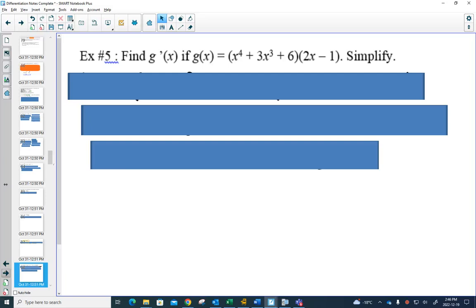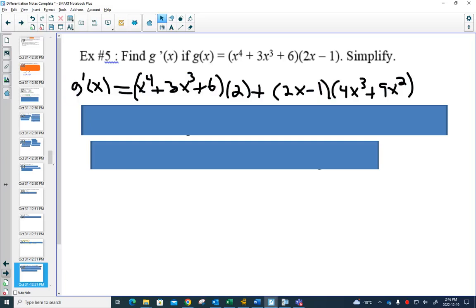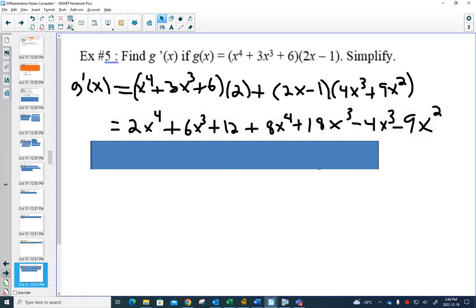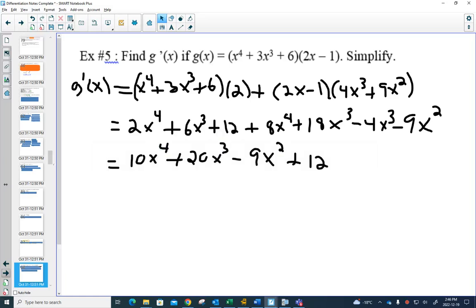But because it's in the product rule section, I started off with product rule first, simplify after. And then you can multiply it out, distribute everything, put together your like terms.